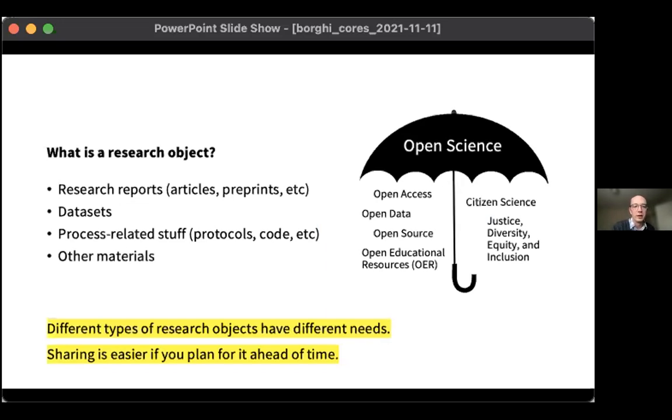But all of these are captured under the broader umbrella of open science, and all of them are fundamentally interrelated. And I'll just say here, as a person who consults with researchers all the time about planning for sharing research objects, if you take one thing away from the talk today, it's really so much easier to share at the end or share when you want if you've planned for it ahead of time.